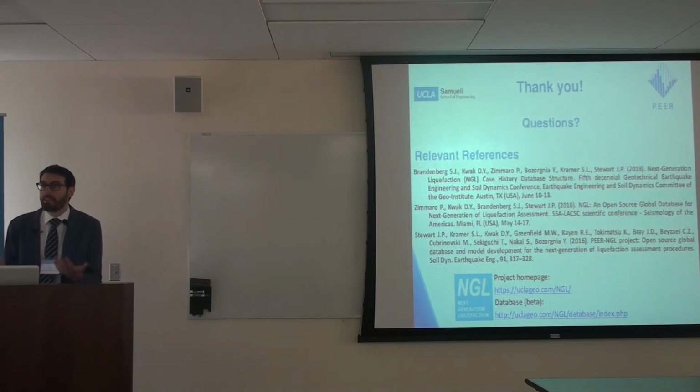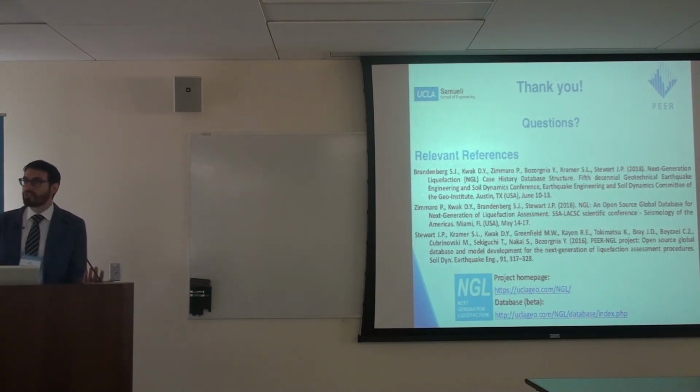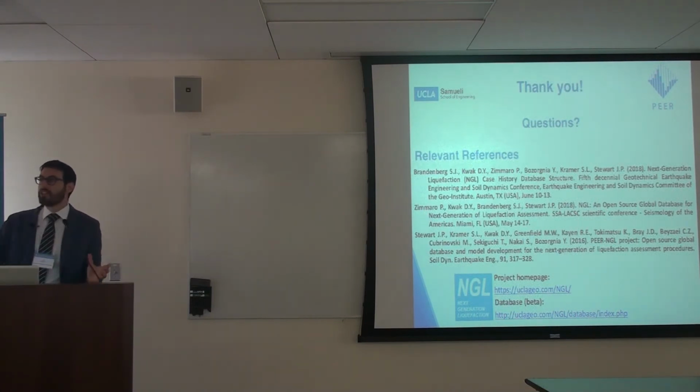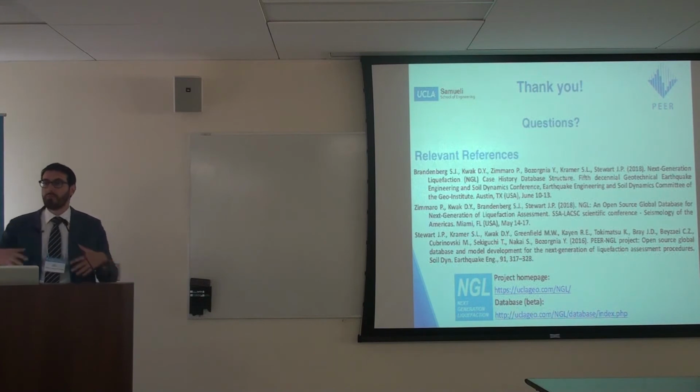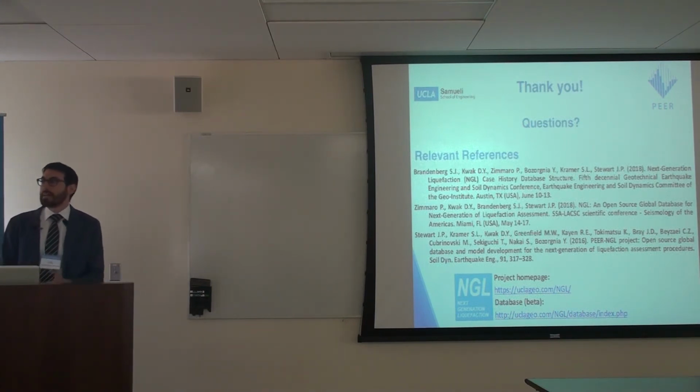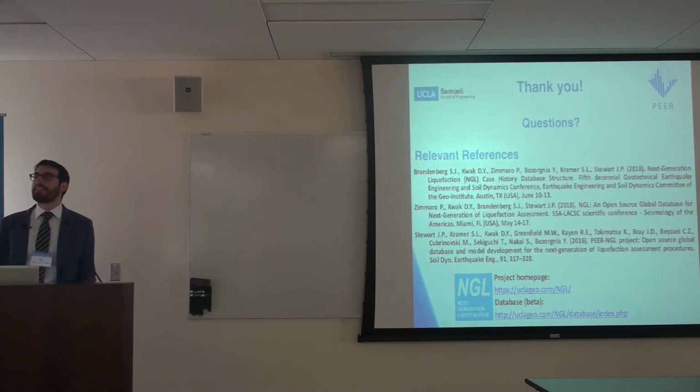Also, something that may be relevant for future analysis: we're not restricting the size of the area you can analyze, so you can perform regional assessments just by using information in the database. Traditionally, we've been doing triggering analysis on a 1D soil profile.